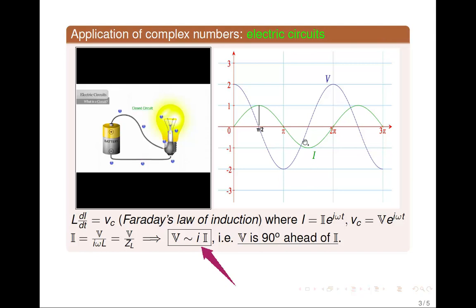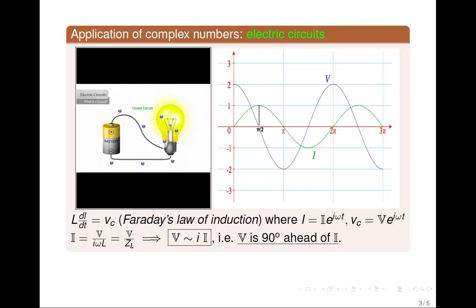And in fact, if we look at the oscilloscope, it turns out that at every point of time, the voltage leads the current by a phase of pi over 2 or 90 degrees, which in some sense means that the voltage waveform in a suitable phasor representation is 90 degrees ahead of the current waveform.